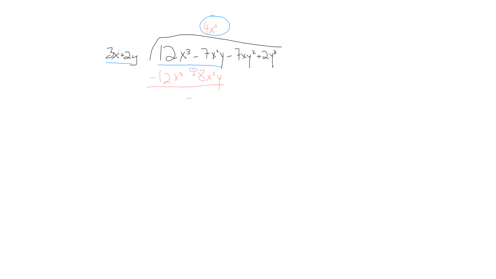I'm getting more negative, so it's minus 15x squared y. 12x cubed minus 12x cubed, that's gone. Remember, that's what I want to happen. I want this whole first term business to be gone. I bring down what's next, minus 7xy squared.